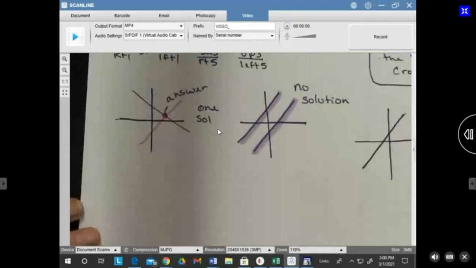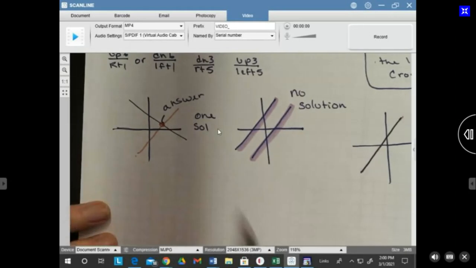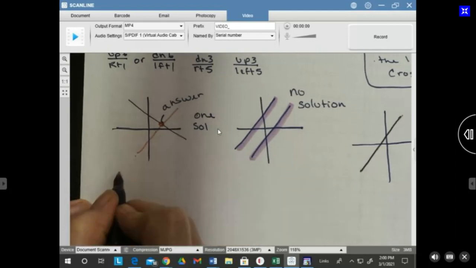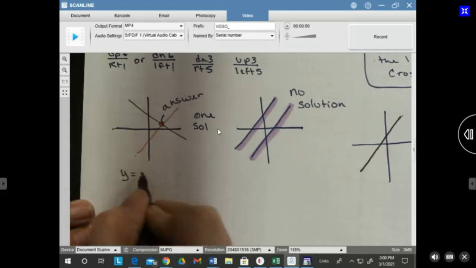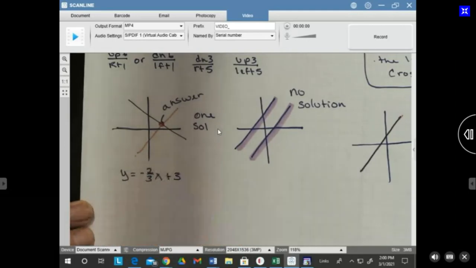All right, now I want to show you a shortcut to determine if you're going to have one, none, or infinite solutions. You can find out just by looking at the equations. If I have one solution, I'm going to say y equals negative 2/3 x plus 3, and y equals 2x minus 4.